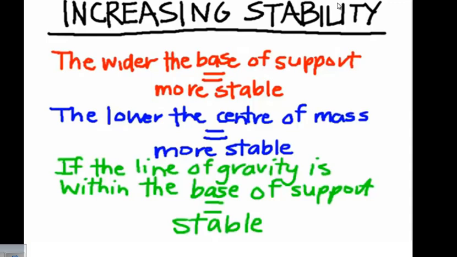And if the line of gravity is within the base of support, I'm also seen as more stable, and it basically means it has a longer time before it gets out of my base of support.